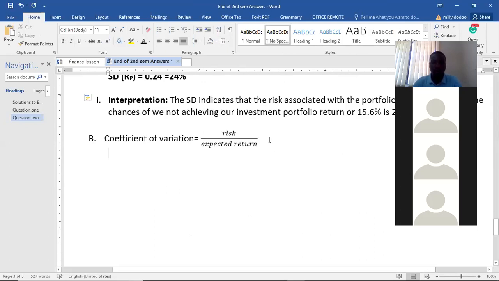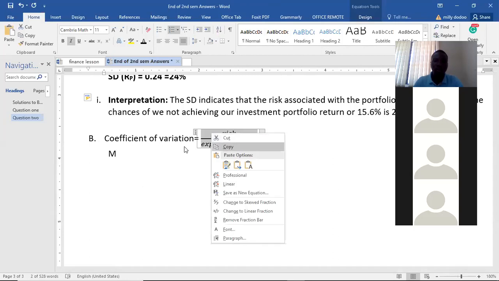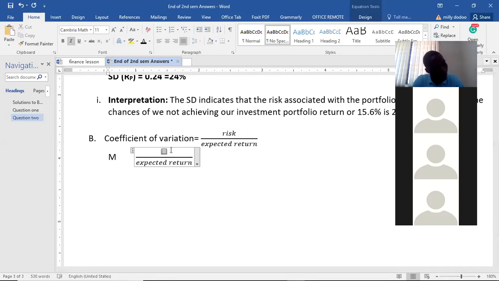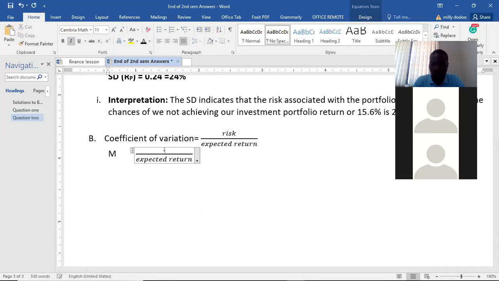So this is the formula you use to solve this particular illustration. Now, for investment M, the risk is how much? 25, right?